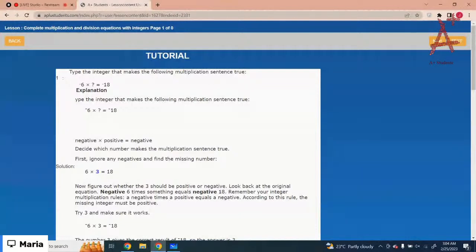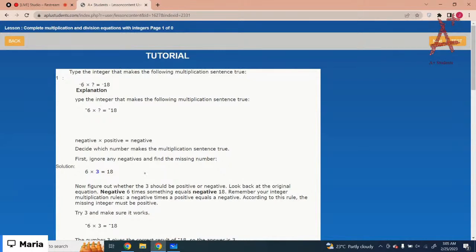You have to find a number that when multiplied by 6 makes 18. Let's just ignore the signs first and find the number. 6 times what number equals 18? 6 times 3 makes 18. Now you can look at whether 3 is positive or negative.